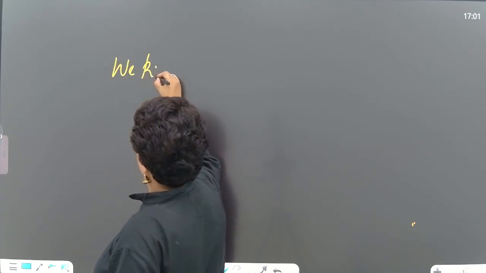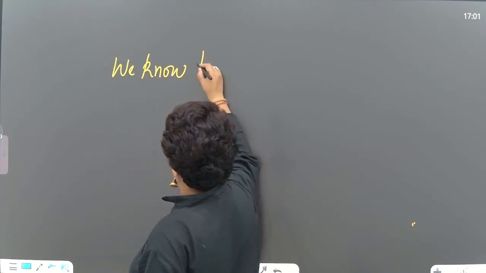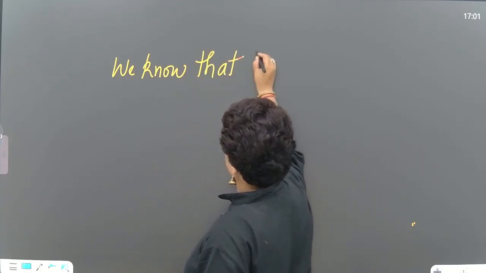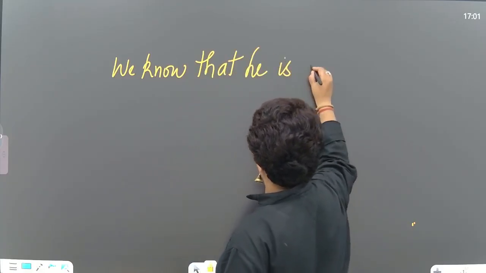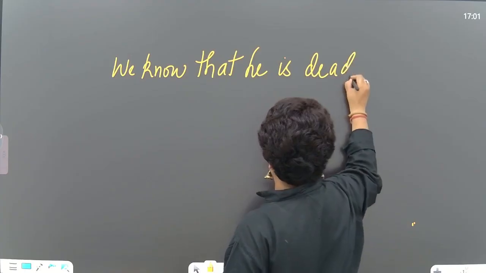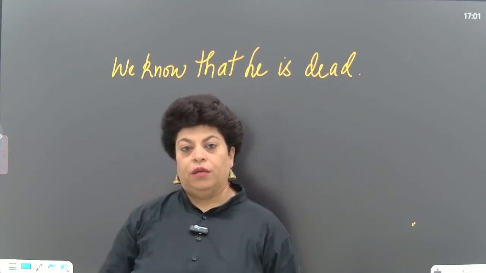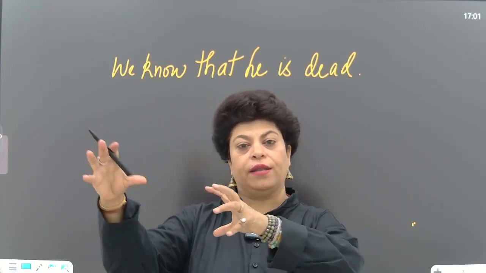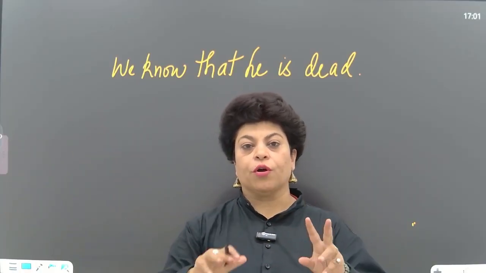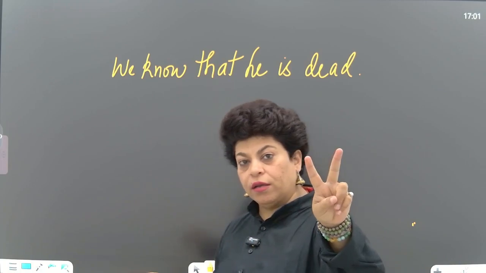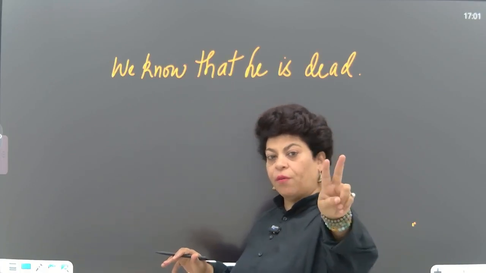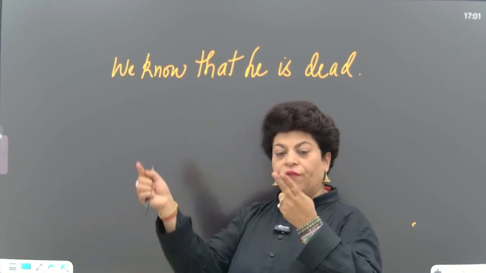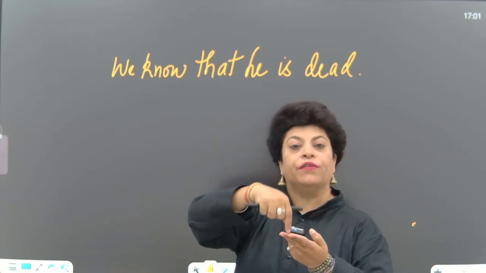We know that he is dead. Now, when we talk about this sentence, "we know that he is dead," we talk about two sentences. One, which is the main form of sentence. Second, which is dependent upon the first sentence.